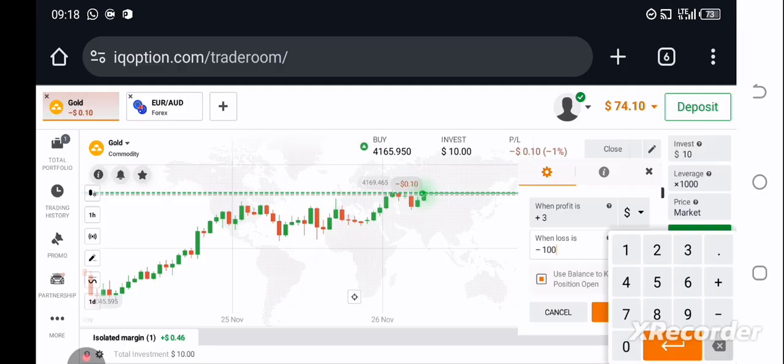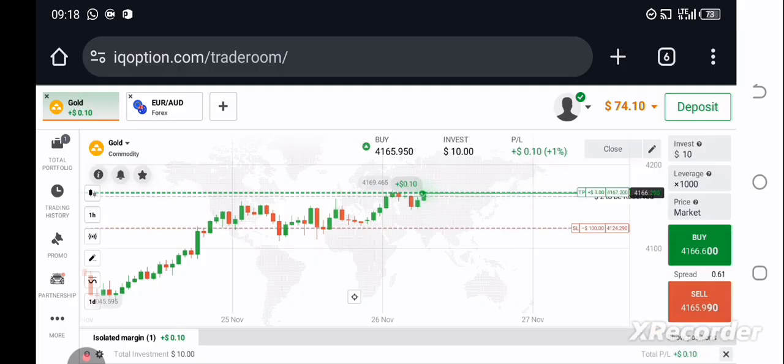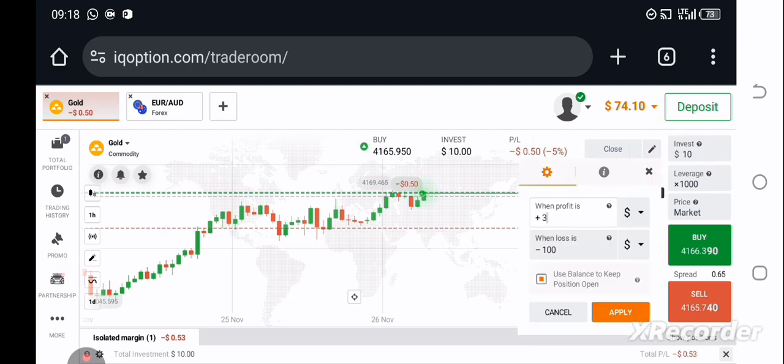So if we have a stop loss at 100%, the trade will close automatically.